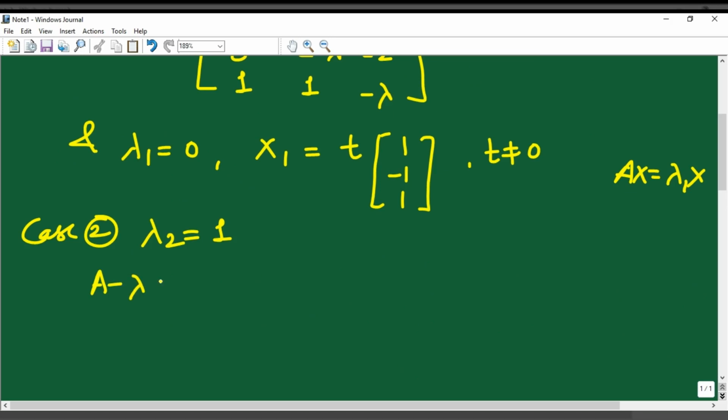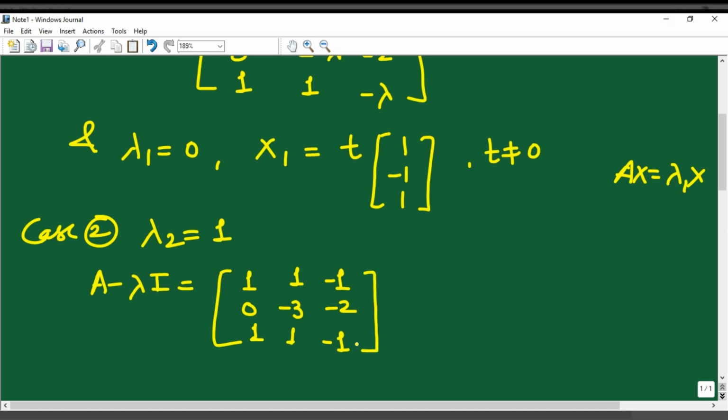For this, A minus lambda I comes out to be: diagonal entries are 2 minus 1, minus 2 minus 1, and 0 minus 1. The rest of the entries will remain as they are.